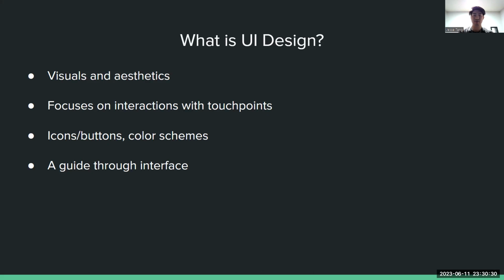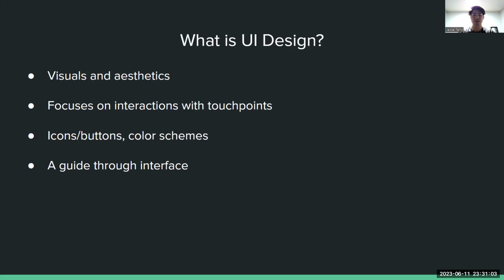Because of that, UI design is very important for making someone feel welcome to the web page and want to stay on that web page and interact with that web page. This goes for applications as well, because if, say, an application on your cell phone, because of the smaller screens, is too cluttered, you won't be able to really navigate. You'll press on wrong buttons. And that's why UI design focuses on the interactions with touch points.